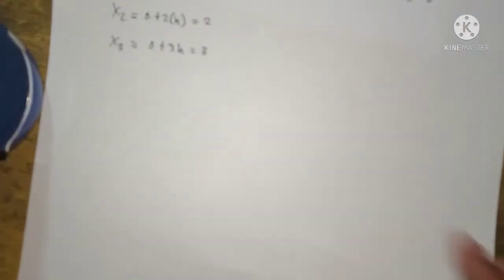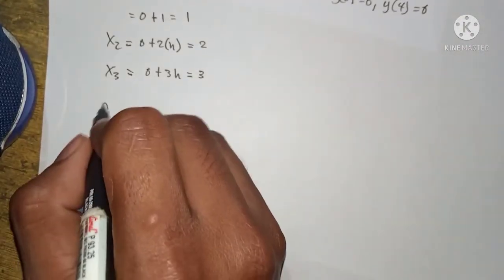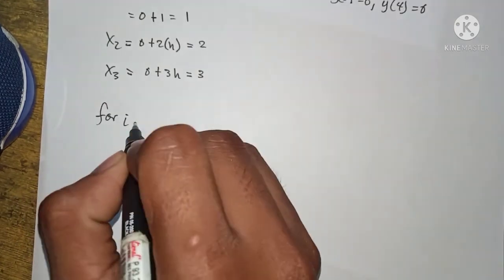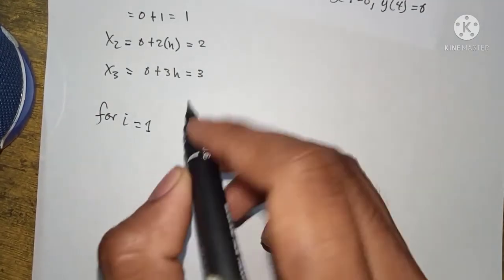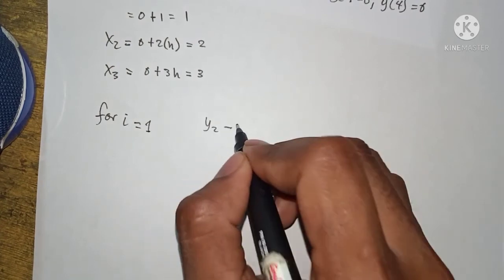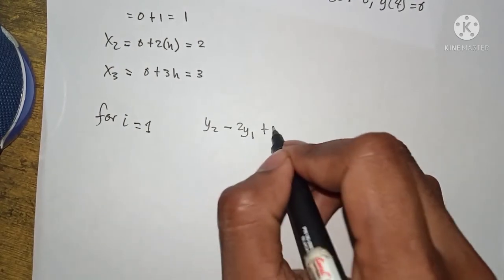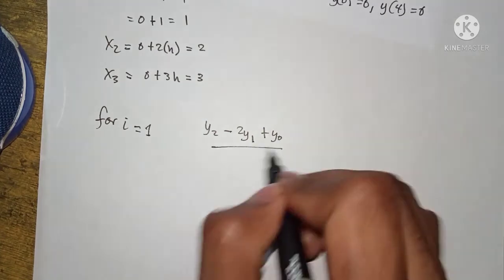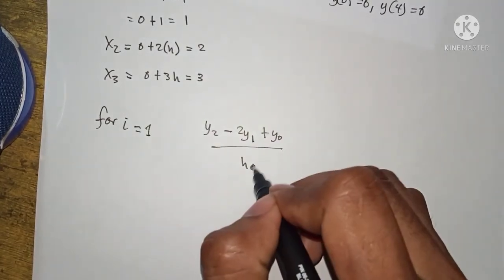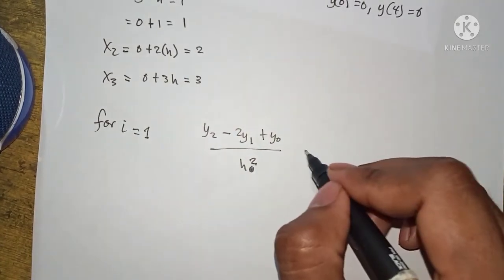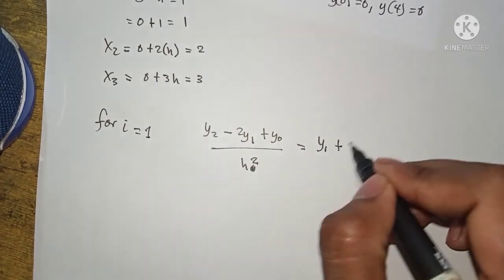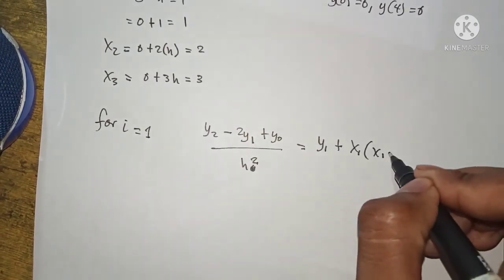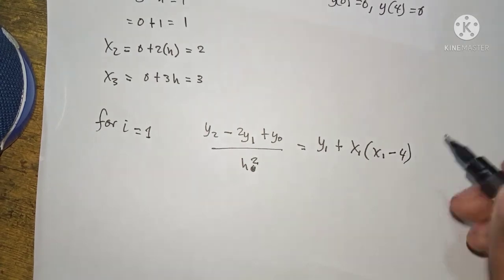To solve for i equal to 1, using the formula, y2 minus 2 y1 plus y0 over h squared is equal to y1 plus x1 times x1 minus 4.